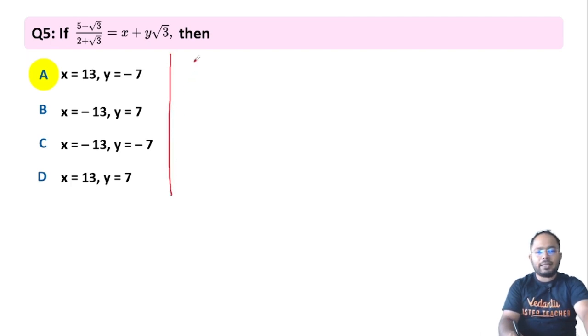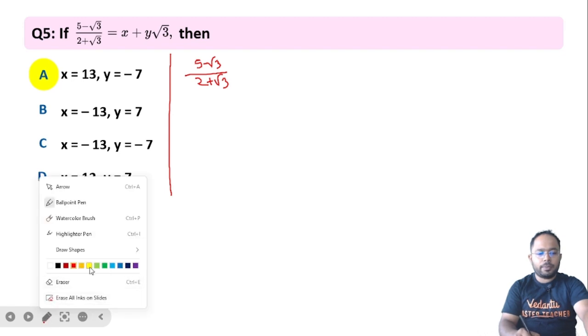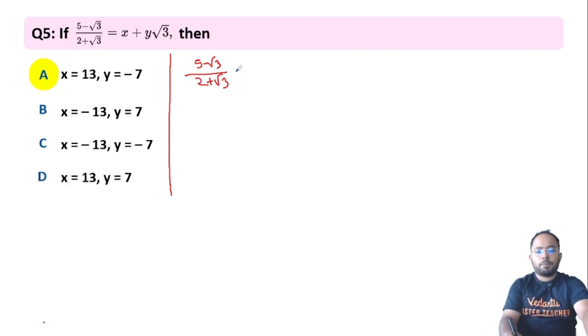So as it says, 5 minus root 3 upon 2 plus root 3. Okay, let's check. We'll rationalize it, only the denominator part. Let's rationalize the denominator: multiply by 2 minus root 3 on top and bottom.